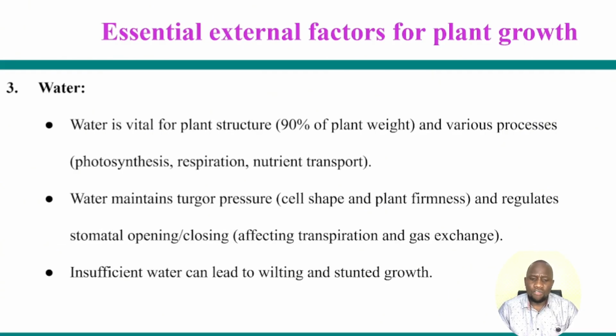Water. Water is needed for a number of processes. Plant cells have large vacuoles that store water, and this is very important for turgor pressure.